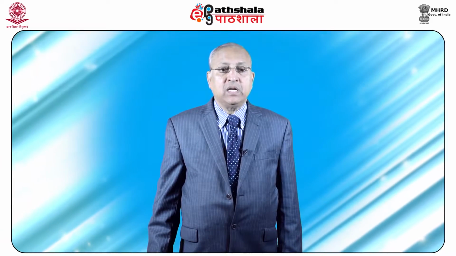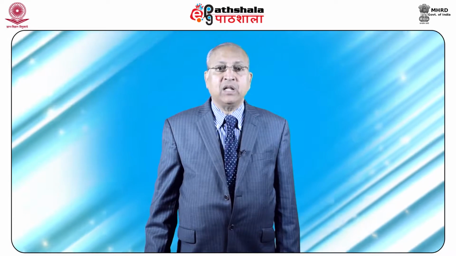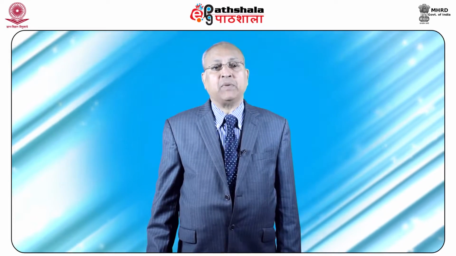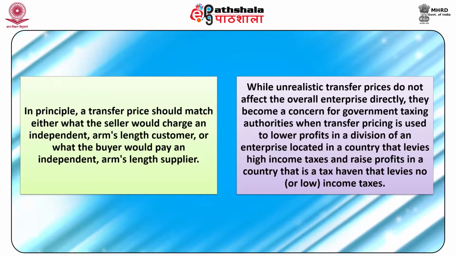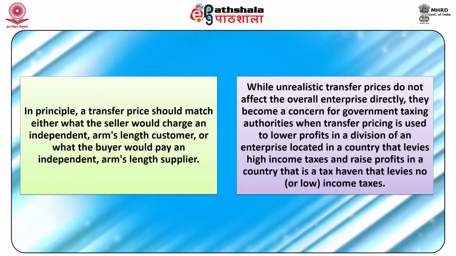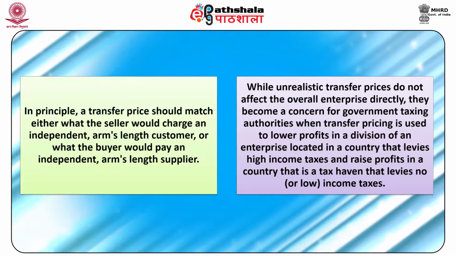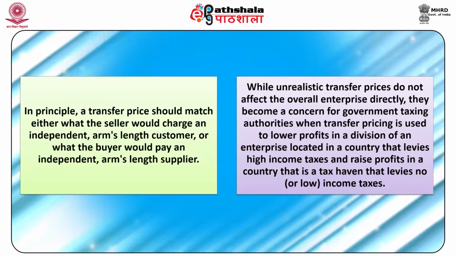Transfer pricing results in setting of prices among divisions within an enterprise. In principle, the transfer price should match either with what the seller should charge as an independent arm's length customer or what the buyer would pay to an independent arm's length supplier.